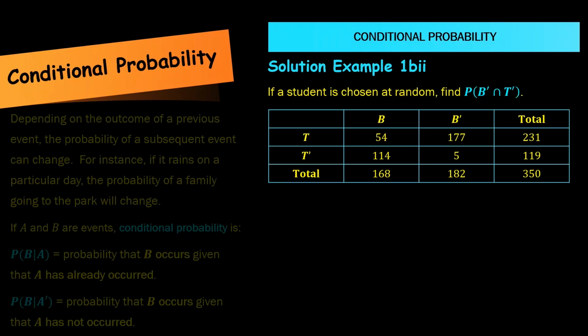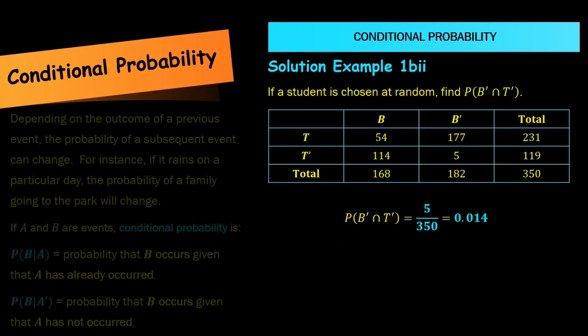And now for the probability of somebody not playing badminton and not playing tennis. This is equal to 5 divided by 350, which is equal to 0.014.